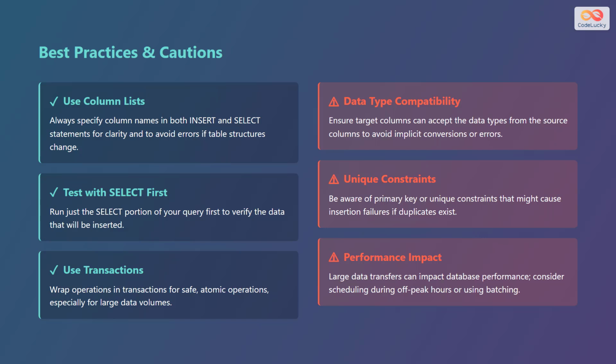Wrap your operations in transactions for safe atomic operations, especially when dealing with large data volumes. Ensure that the target columns can accept the data types from the source columns to avoid implicit conversions or errors. Be aware of primary key or unique constraints that might cause insertion failures if duplicates exist. Large data transfers can impact database performance, so consider scheduling these operations during off-peak hours or using batching.